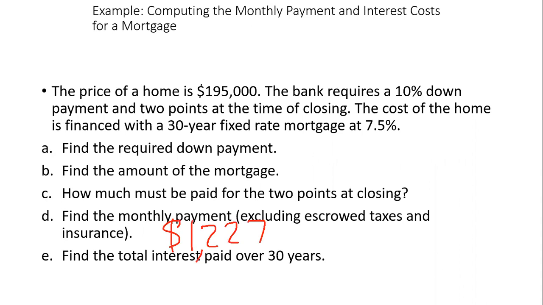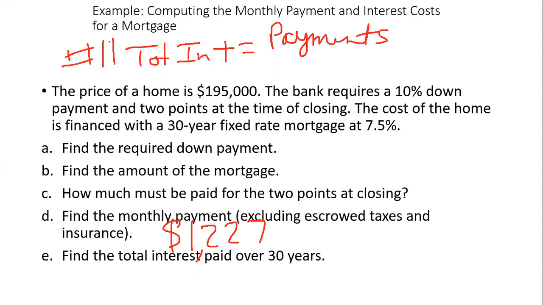And so find the total interest paid over 30 years. Well, the total interest equals formula number 11. Total payments minus the loan amount. Our loan, again, was 175,500. So we need to figure out how much do we end up paying all total.